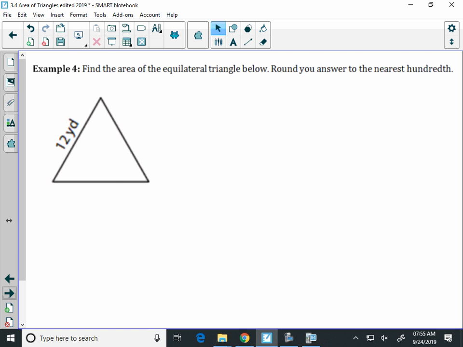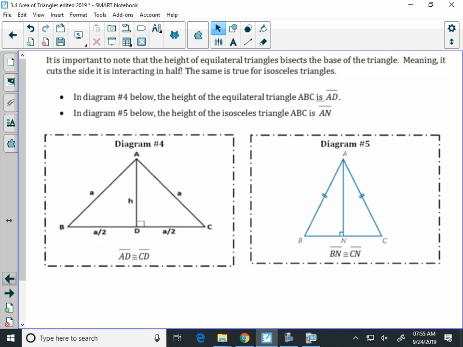If we take a look at the last few examples, it's important to note that the height of an equilateral triangle bisects the base of the triangle, meaning it cuts the side it's intersecting in half. The same thing goes for isosceles triangles as well. In diagram number 4 below, the height of an equilateral triangle is AD.